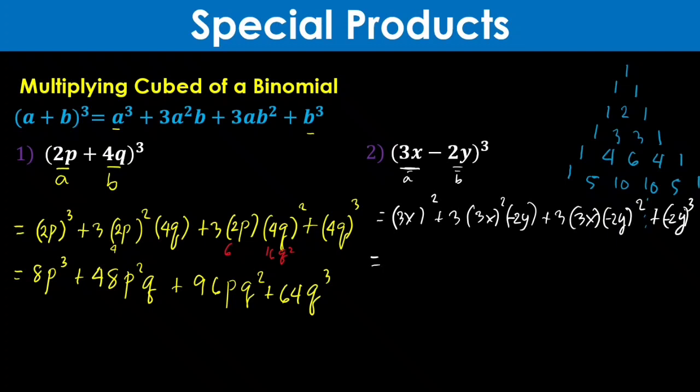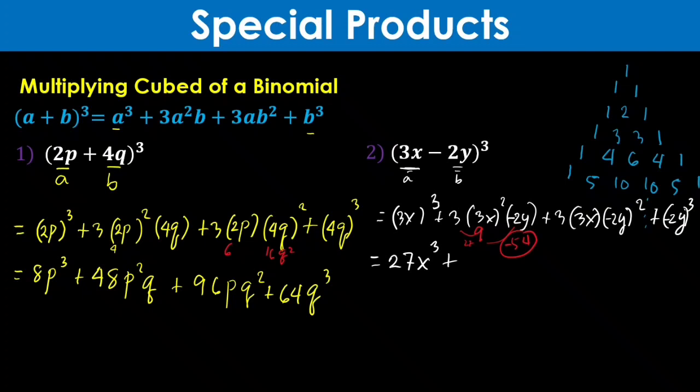Okay, let's now simplify this. By the way, this cube: the cube of 3 is 27. That's 27x cubed. Plus, okay, let's do this slowly. The square of 3 is 9. 9 times 3 is 27. And 27 times 2, that's 54. And the sign is negative.